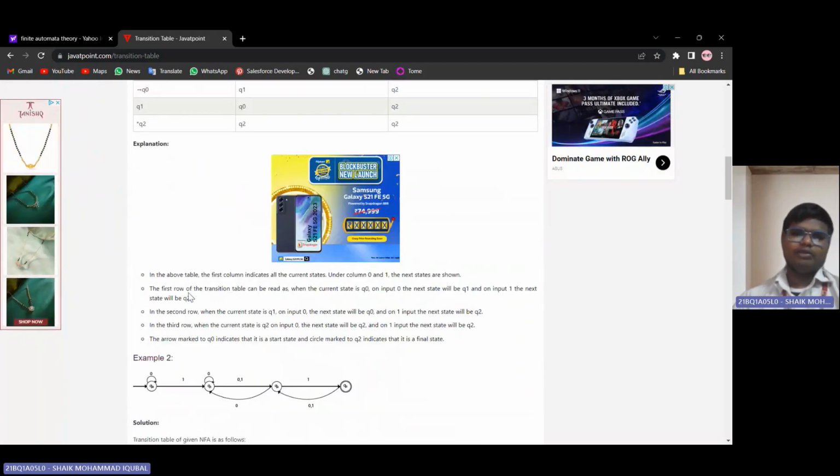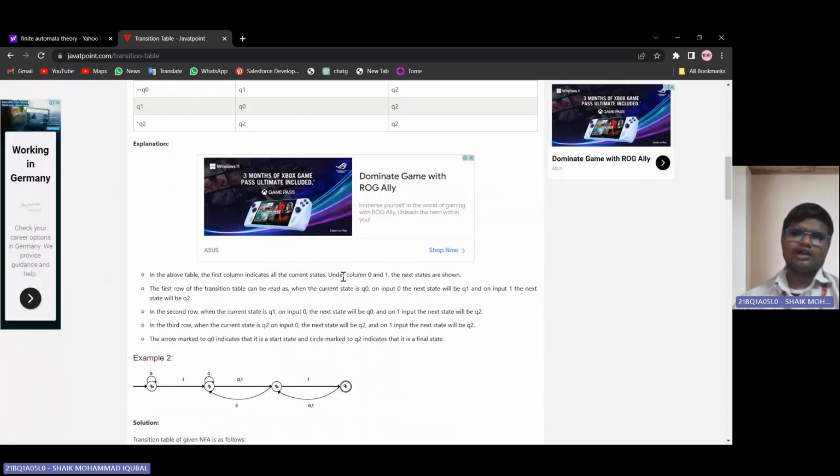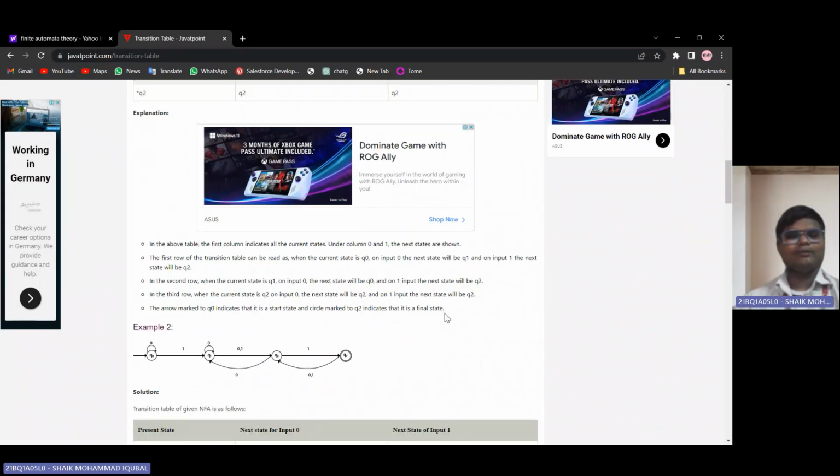Q2. In the above table, the first column indicates the current state, and under columns 0 and 1, the next states are shown. The first row of the transition table and on input 1, the next state will be Q2.